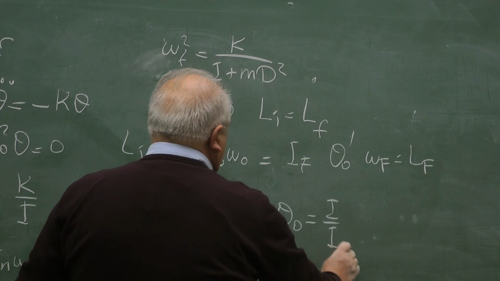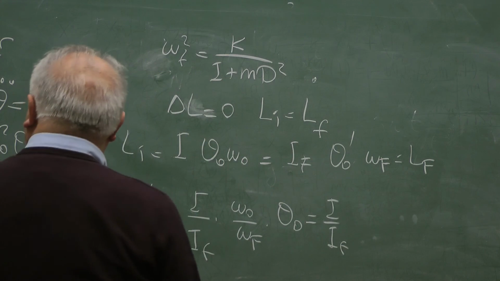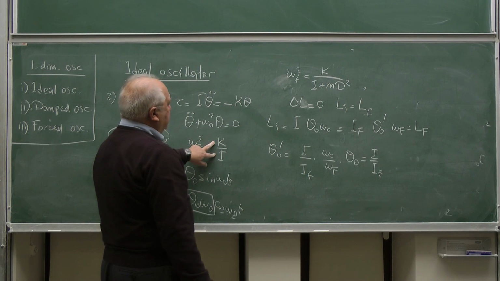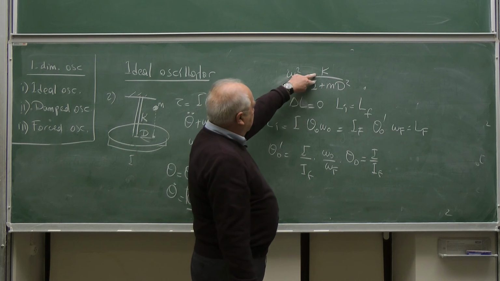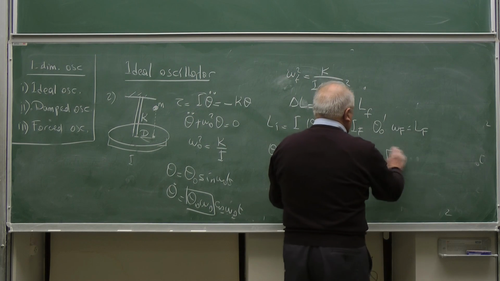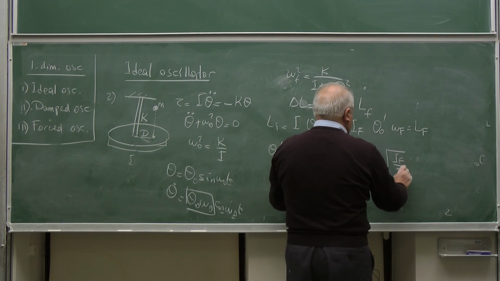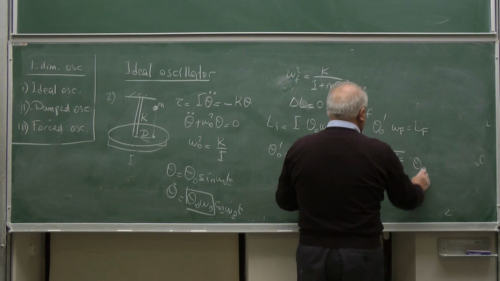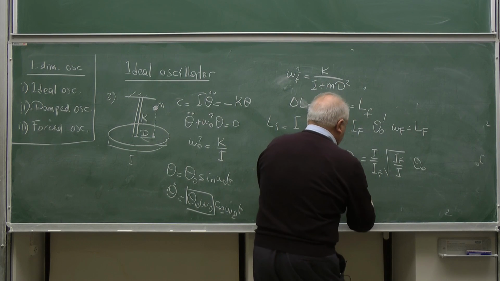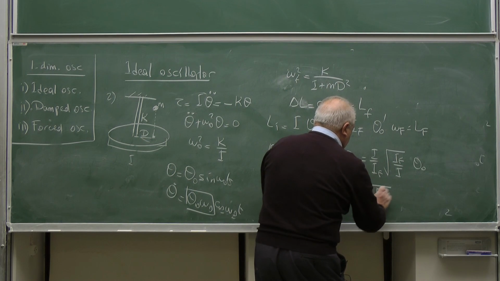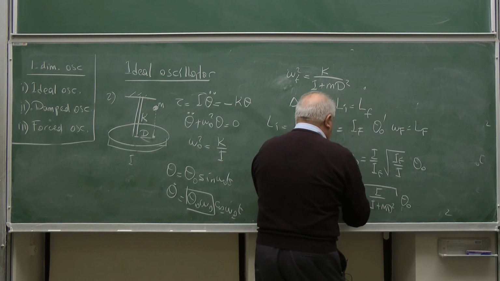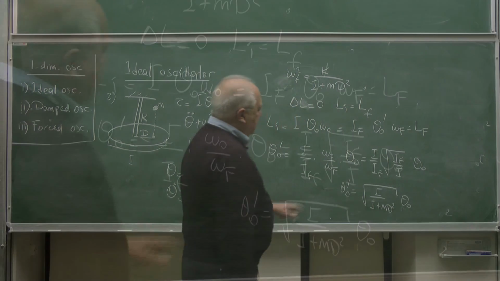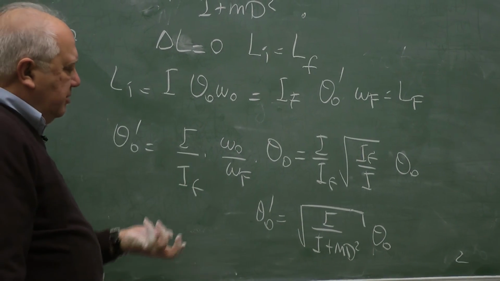Omega 0 is root kappa over I. Omega f is root kappa over IF, so it is root IF over I times I over IF times theta 0, so it is equal to root I over I plus md square times theta 0, that's equal to theta 0 prime. So indeed the amplitude is now reduced.